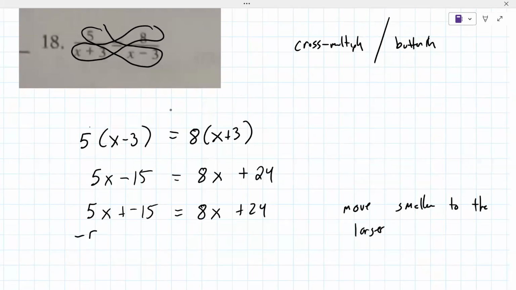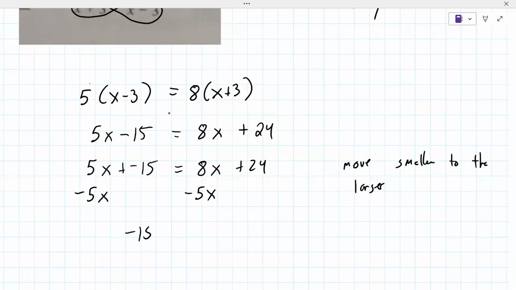So you're going to subtract 5x from both sides. And then you're left with negative 15 equals 3x plus 24. Okay. So I assume we would be left with negative 15 equals 3x plus 24.